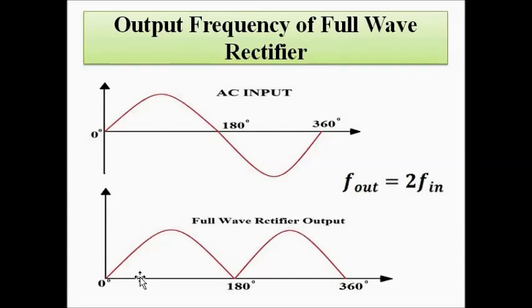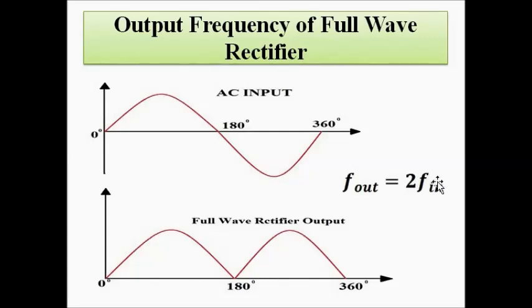But for the full wave rectifier output, from 0 to 180 degree or from 0 to pi will be one cycle of the pulsating DC output. So, for one complete cycle of the input AC, we get two complete cycles of the pulsating DC. So, the output frequency is twice that of the input frequency.